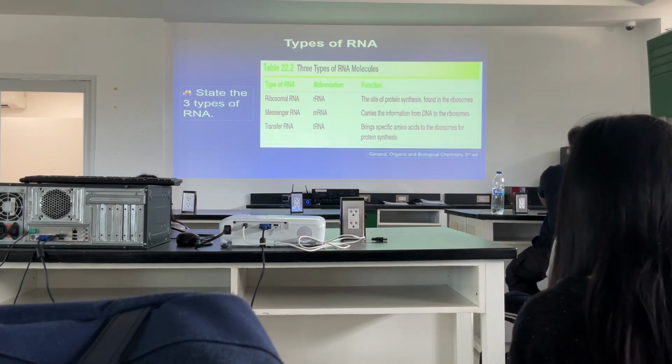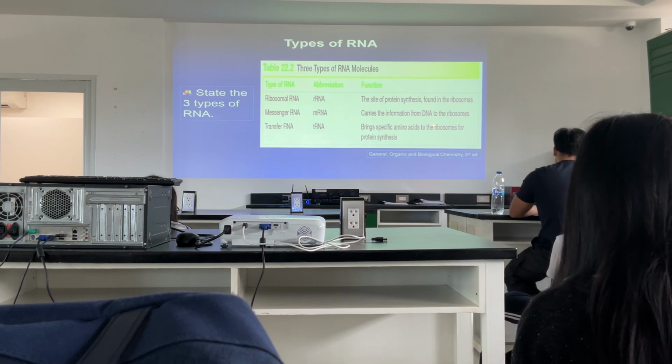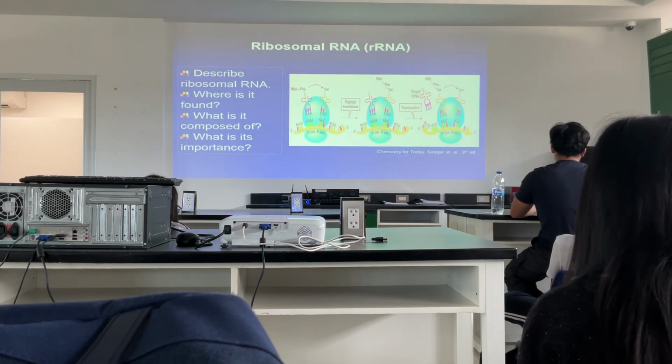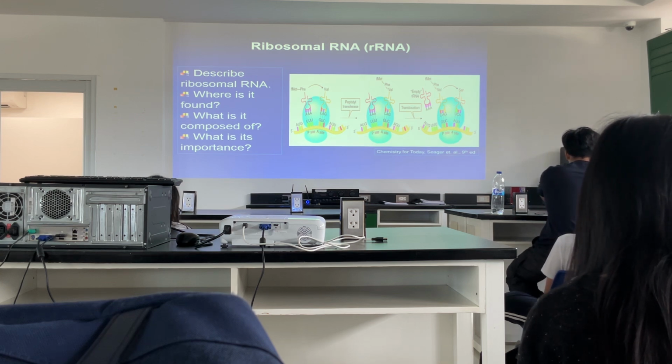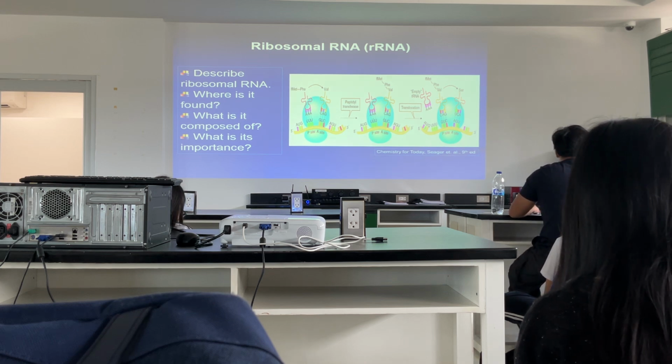From the word transfer, bringing specific amino acids to the site of protein synthesis, your ribosome. Ribosomal RNA is the most abundant type of RNA. Where is it found? It is found in the ribosomes, in the cytoplasm.